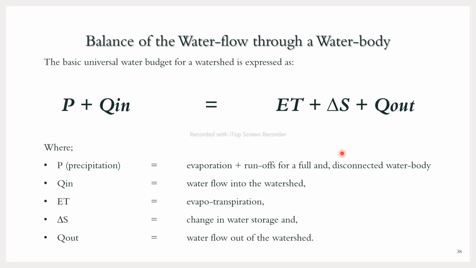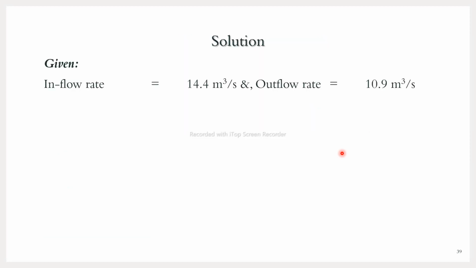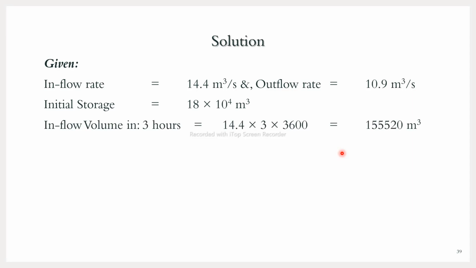The data given in the problem are the incoming flow rate, 14.4 meter cube per second, and the outflow rate, 10.9 meter cube per second. The initial storage is 18 into 10 to the power 4 meter cube.